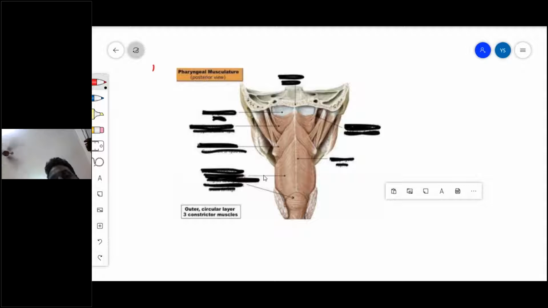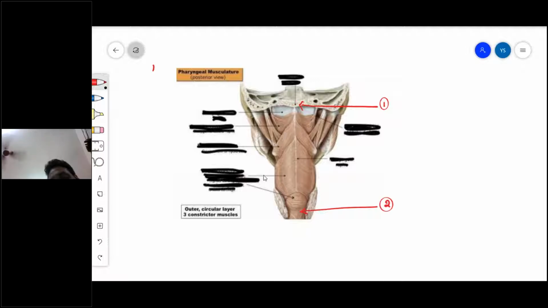So in this picture, we can see the posterior view of the pharynx. Here I show you the extent of the pharynx with the first red arrow and the second red arrow.